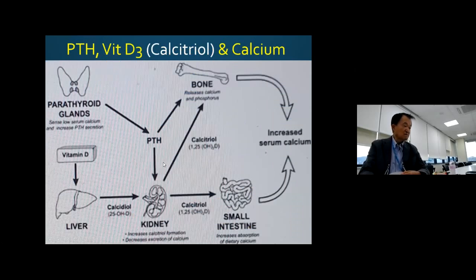Now, as I mentioned, parathyroid hormone has a significant impact on the bone. Its stimulation of osteoclasts makes increased serum calcium, and this serum calcium also depends on vitamin D, which comes from the liver and the kidney, as you know. There are two types of vitamin D, and the 1,25 form is what we usually measure.